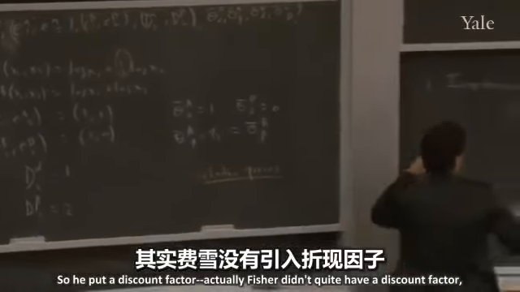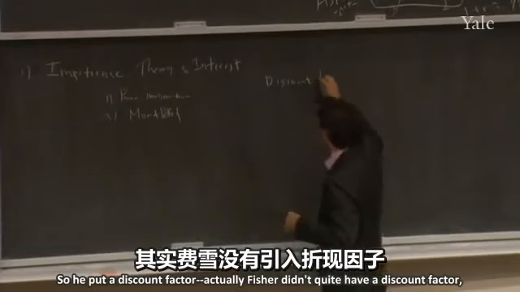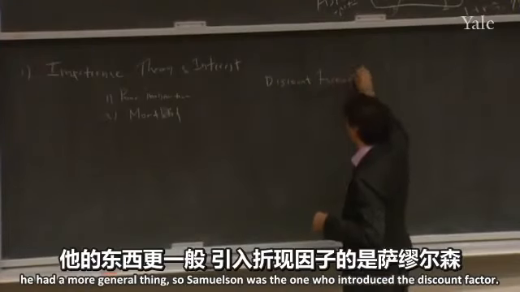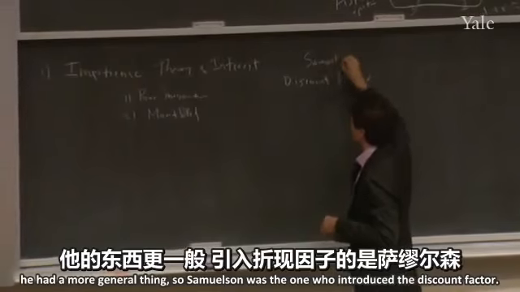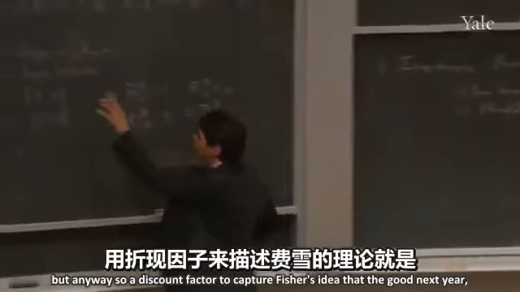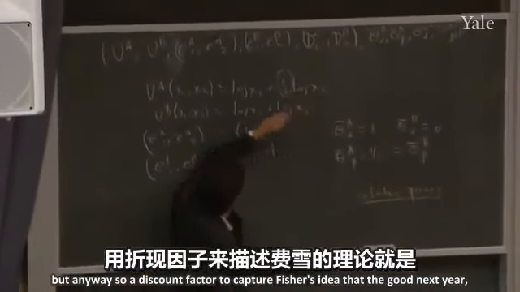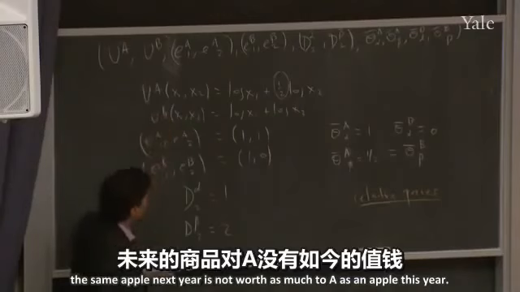So he put a discount factor. Actually, Fisher didn't quite have a discount factor. He had a more general thing. Samuelson was the one who introduced the discount factor. Doesn't matter. But anyway, a discount factor captures Fisher's idea that the same apple next year is not worth as much to A as an apple this year.